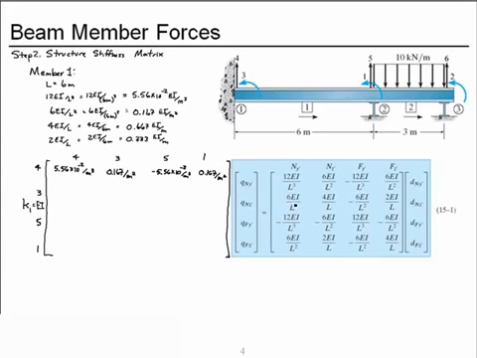In the second row we have 6 EI over L squared, then the 4 EI over L, then the minus 6 EI over L squared, so we have the minus 0.167 per meter squared, and the 2 EI over L, 0.333 per meter.